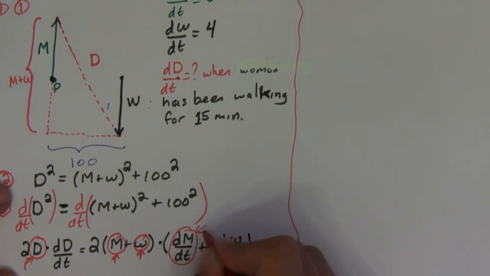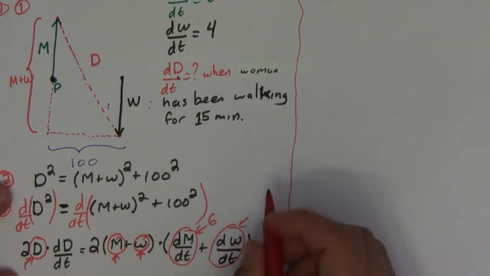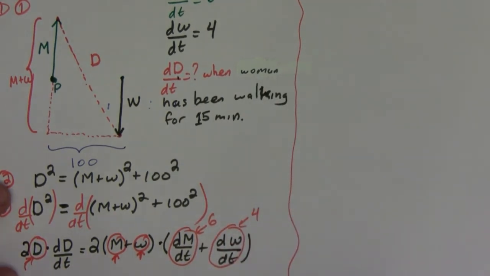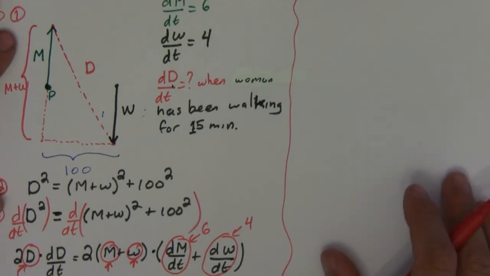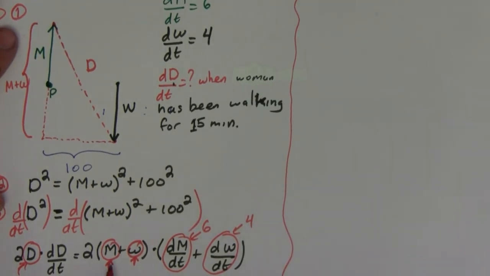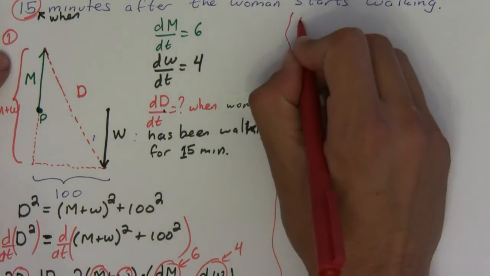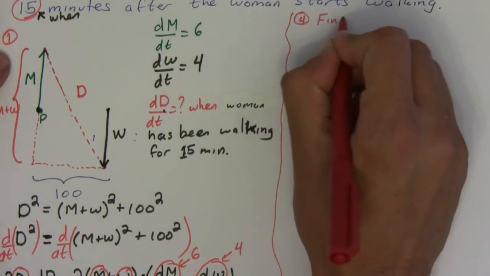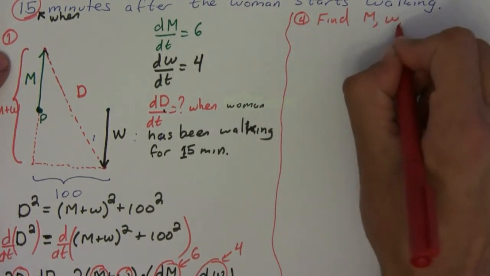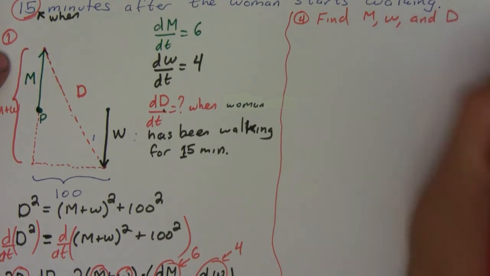These two I have. dm over dt, that's just 6. dw over dt, that's just 4. Okay, so I have a little work to do. I need to find m, w, and d.